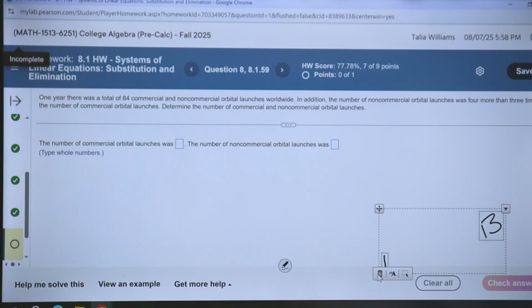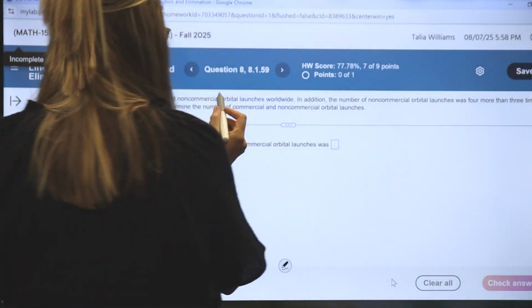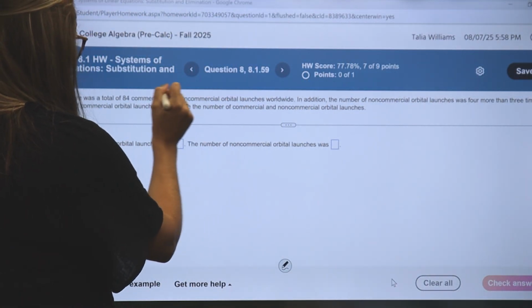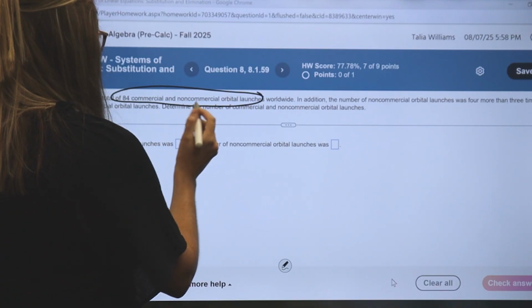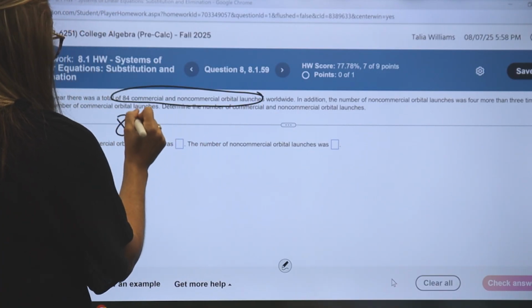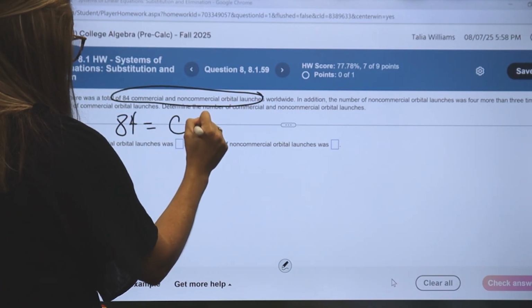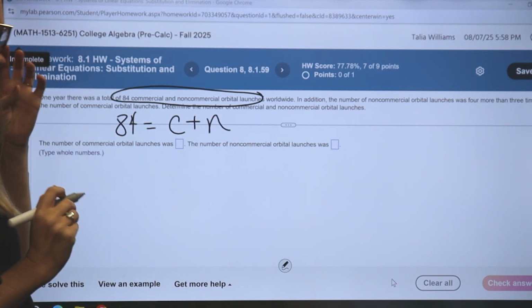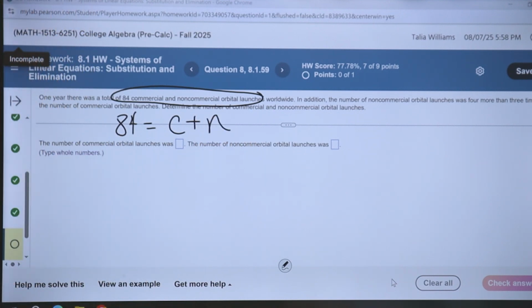Oh, one year there was a total of 84 commercial and non-commercial orbital launches worldwide. So right here is our first equation: 84 commercial and non-commercial orbital launches worldwide.